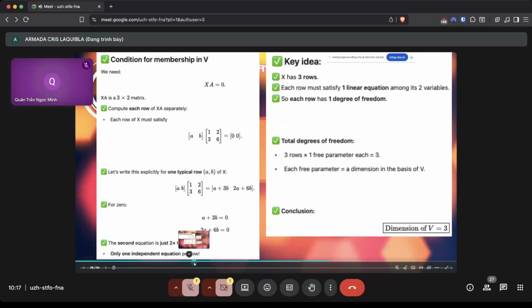And you have there 3 rows for your X because this is a 3 by 2 matrix. Each row must satisfy one linear equation among its two variables. So each row has one degree of freedom. So you have 3 rows, multiply that with one free parameter each, so it is equal to 3. So the dimension of your V there is equal to 3.